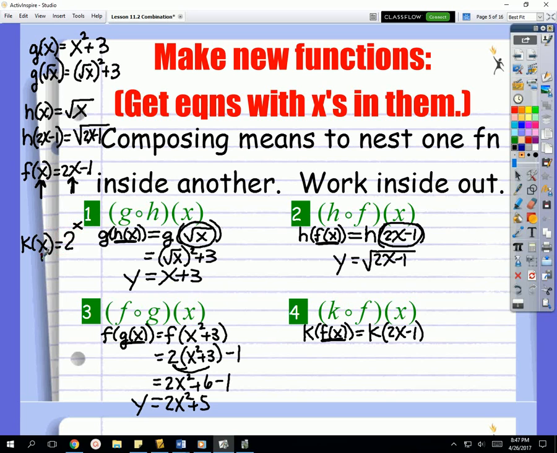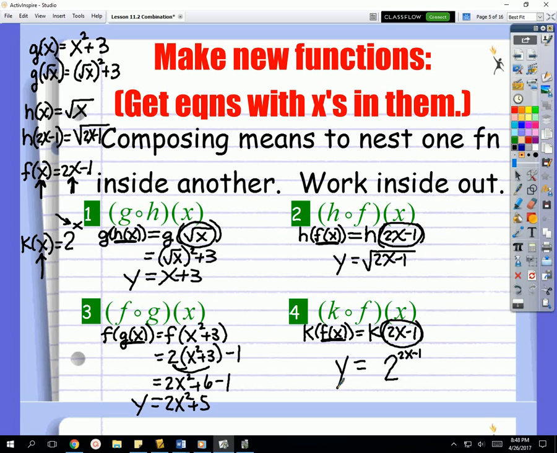So I need to replace this x and this x. What do I replace it with? 2x minus 1, because that's what you're putting in. So I'm going to say it's 2, not just to the x now, but to the 2x minus 1 power. There's nothing that I can do except put y equals, and that makes my equation done.